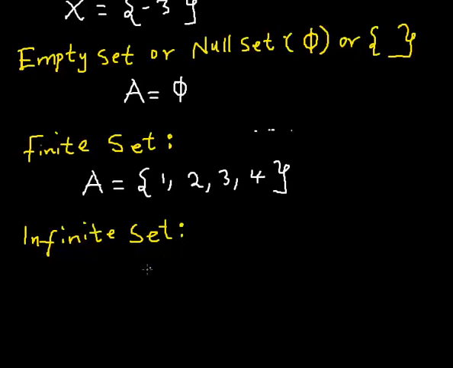For example, if A is an infinite set, I can just go this way: 1, 2, 3, 4, then dot dot dot. I can even include infinity, so integers from 1 to infinity. So please take note of that as we proceed.